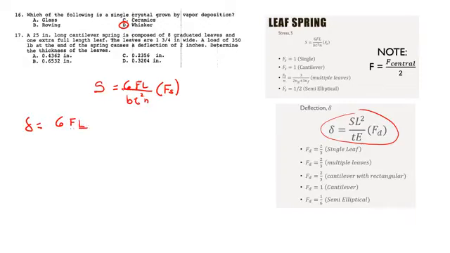So stress is equals to 6FL over BT squared N times Fs, ito yung stress factor. Then ang deflection natin, substitute natin dyan yung formula ng stress: 6FL over BT squared.